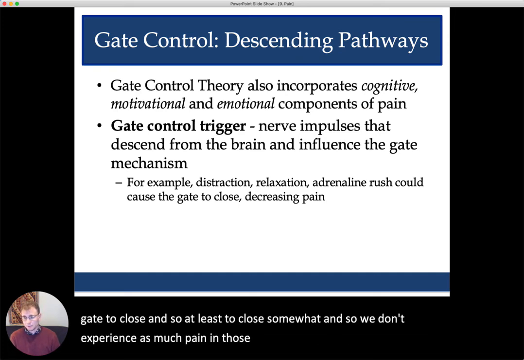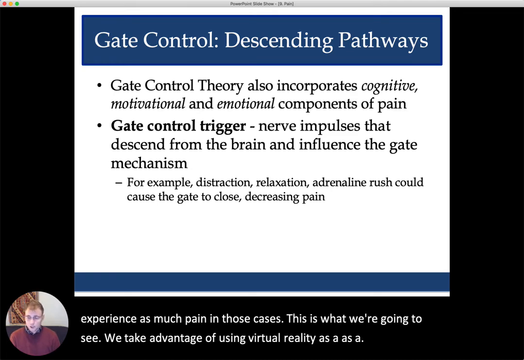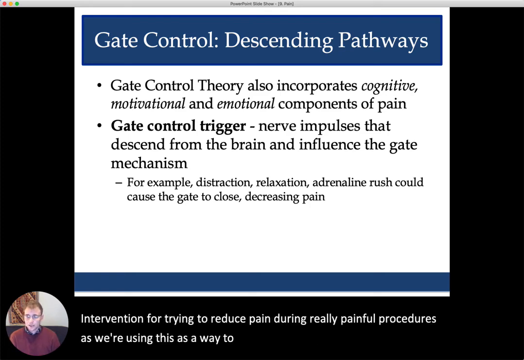This is what we're going to see we take advantage of in using virtual reality as an intervention for trying to reduce pain during really painful procedures, as we're using this as a way to help close that gate. Relaxation can work for this.